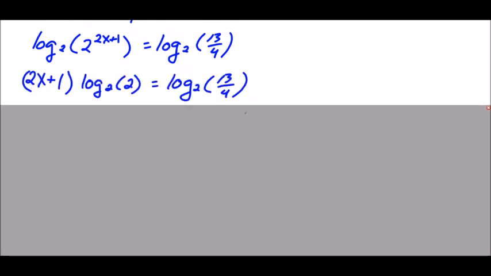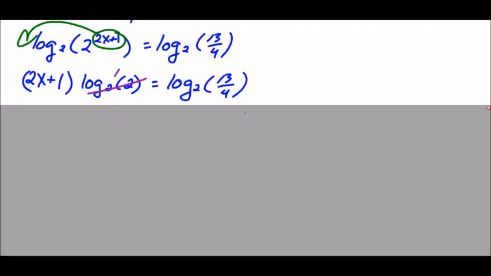So our properties say that we can take this exponent and place it in front. So we're going to multiply that to our logarithm. We have 2x plus 1 times log base 2 of 2. That's equal to log base 2 of 13 over 4, excuse me. And then log base 2 of 2 is just 1.